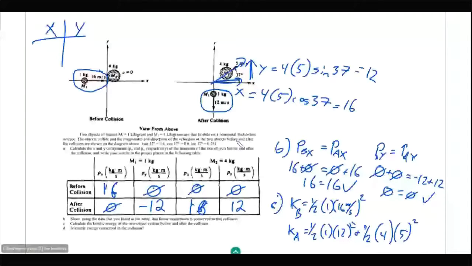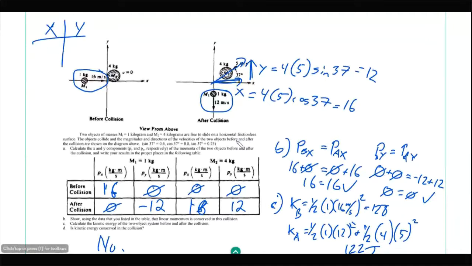There you go. And this will give us an answer of 122 joules. And then if we compare it to 0.5 times 1 times 16 squared, you end up with 128. Oh, is kinetic energy conserved? Nope, it's not. We don't have the same energy before and after.